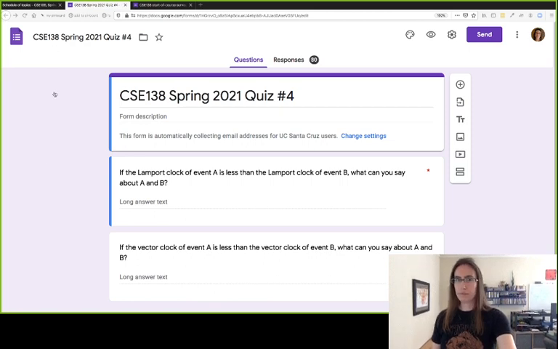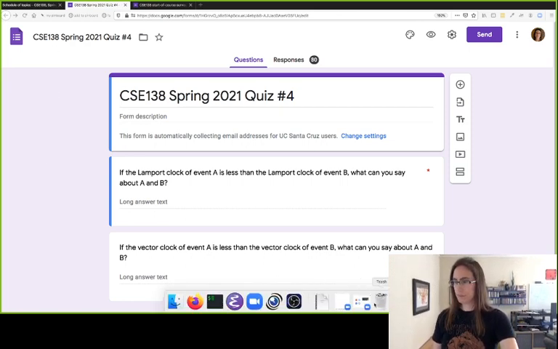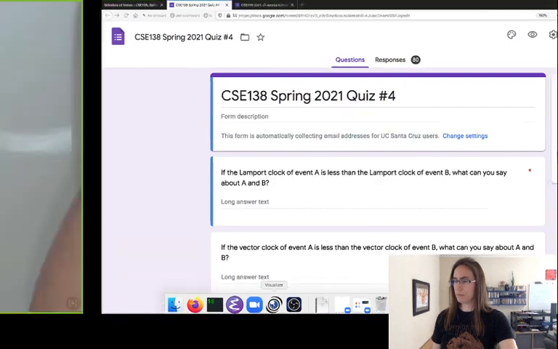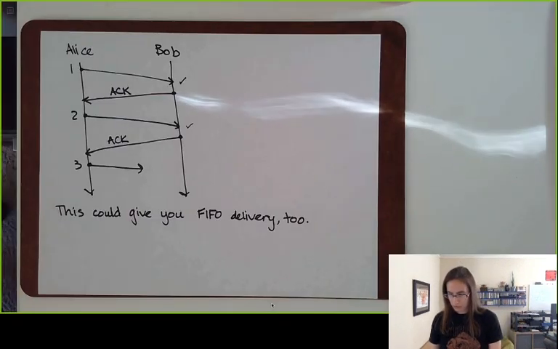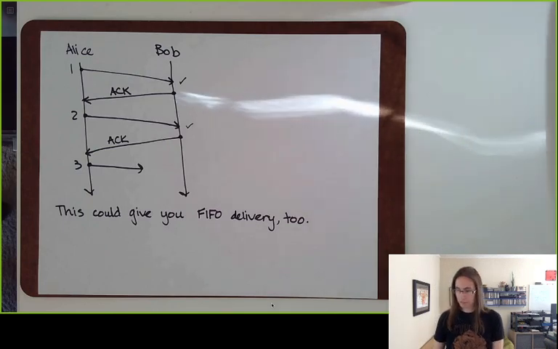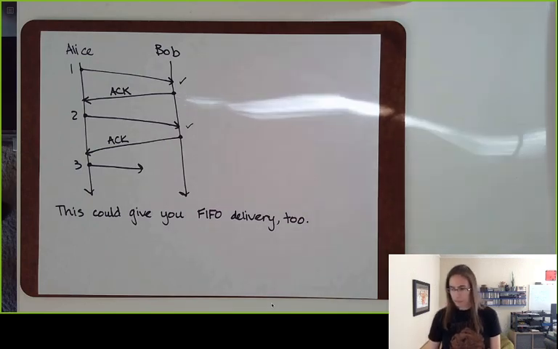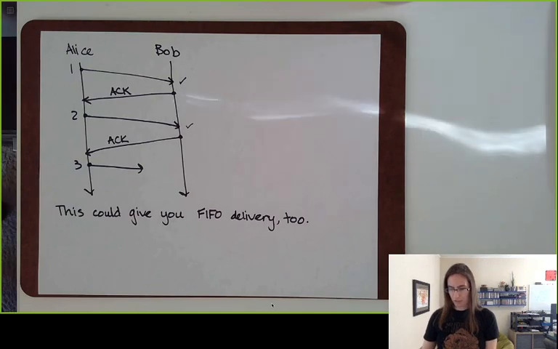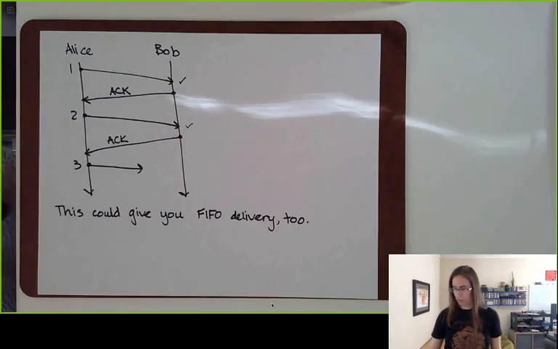So we just got done talking about FIFO delivery, and we talked about a couple of ways to implement it. Let's talk about something that's maybe a little bit more interesting than FIFO delivery. So a different kind of delivery guarantee that you might want.